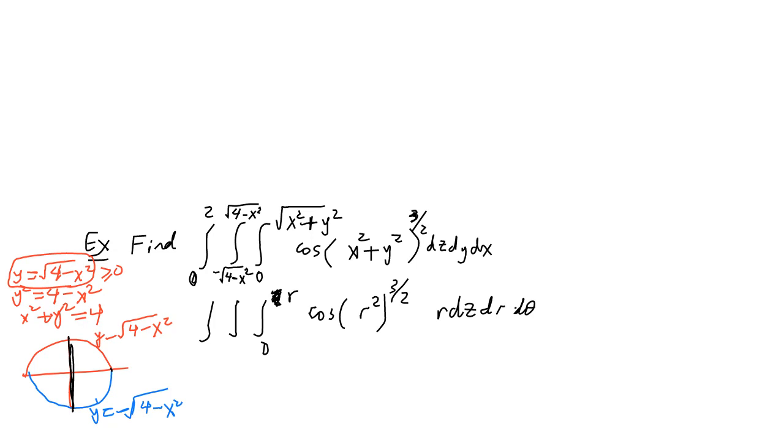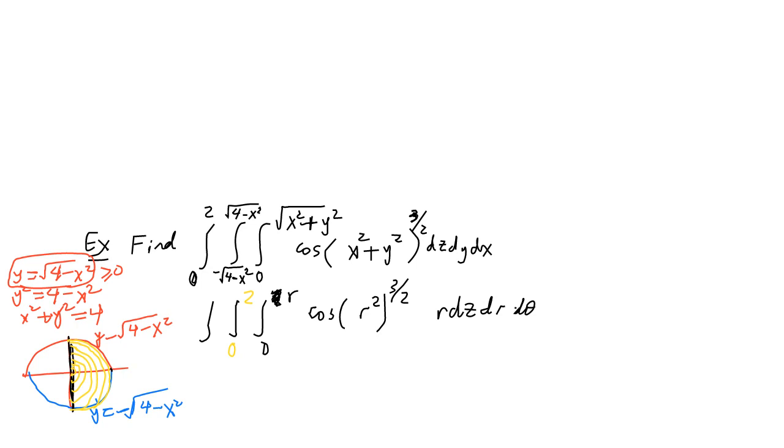Why? This is the region that we are talking about. So r represents the possible circles that you can draw inside the region, up to the largest circle with radius 2. So from 0 to 2.